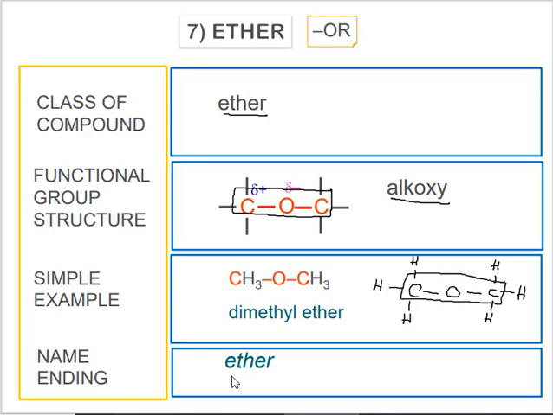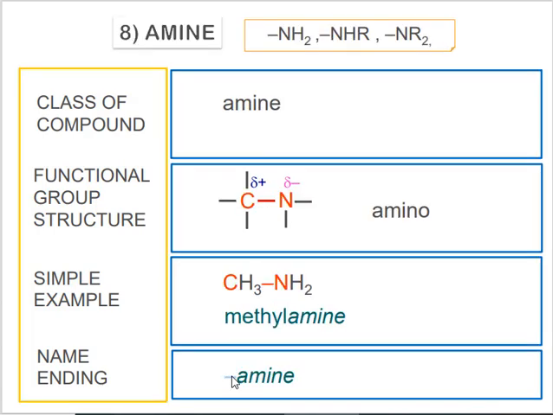For dimethyl ether, it's this carbon, oxygen and carbon, C-O-C. Ether names will end with ether. This example is dimethyl ether, so you have two methyl groups attached singly to oxygen.